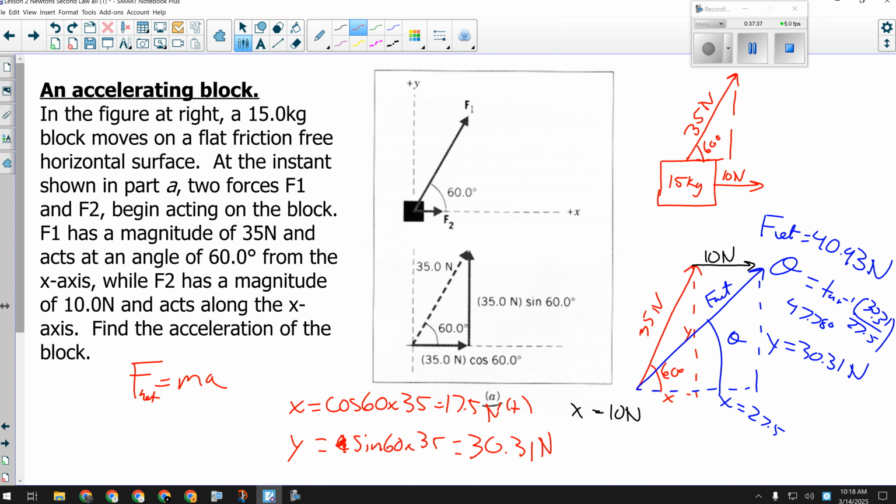So all I'm going to do here is take my F net, divide it by the mass, and I'll have the acceleration. So that's going to be the 40.93 divided by 15.